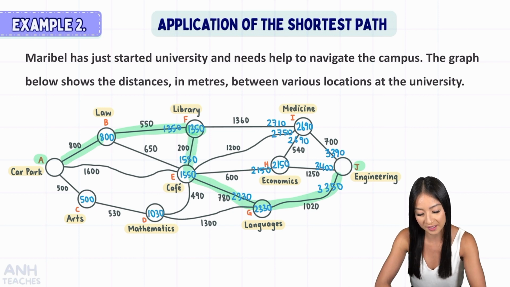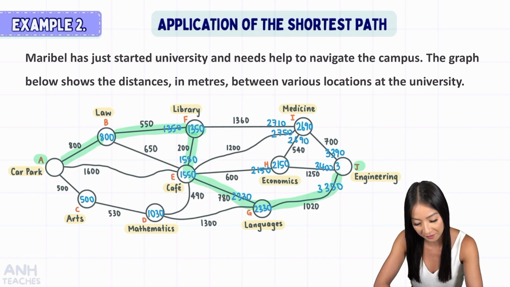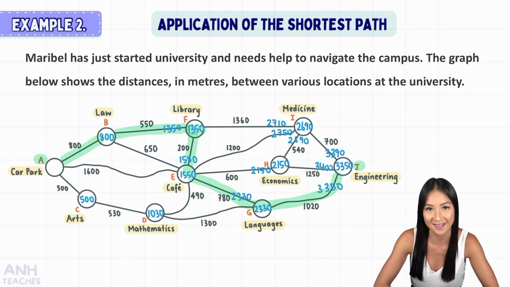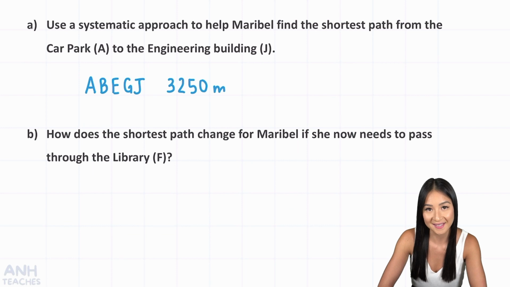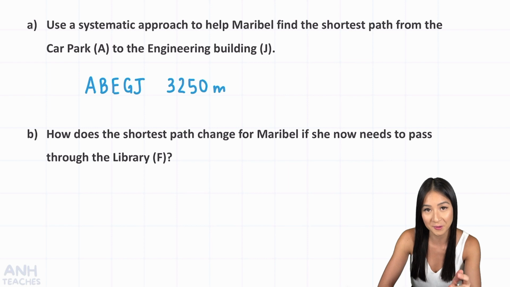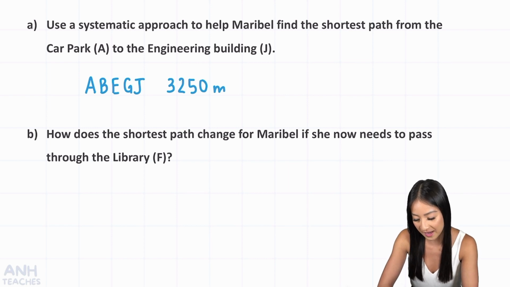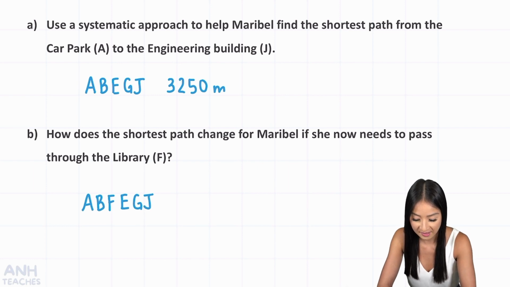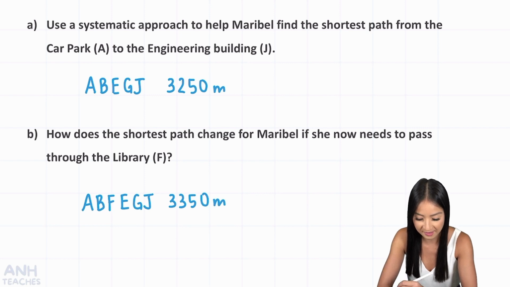now have to detour a little bit to go through the library. And that gives us a minimum of 3,350 meters. So let's write that down in our answer. Okay, so the shortest path only slightly changed by visiting F before E. So our shortest path is now A, B, F, E, G, and J, and that had a distance of 3,350 meters.